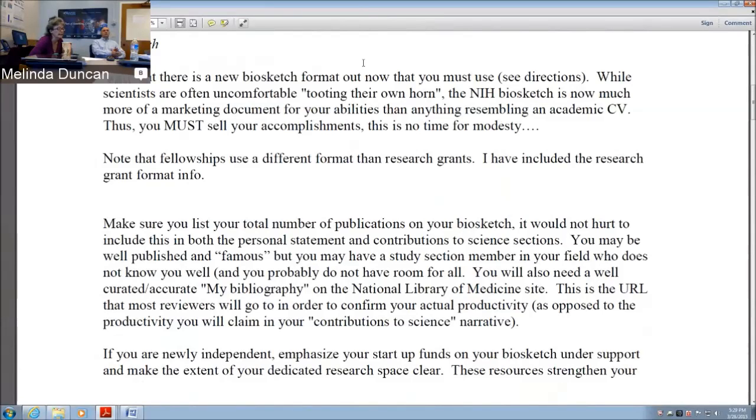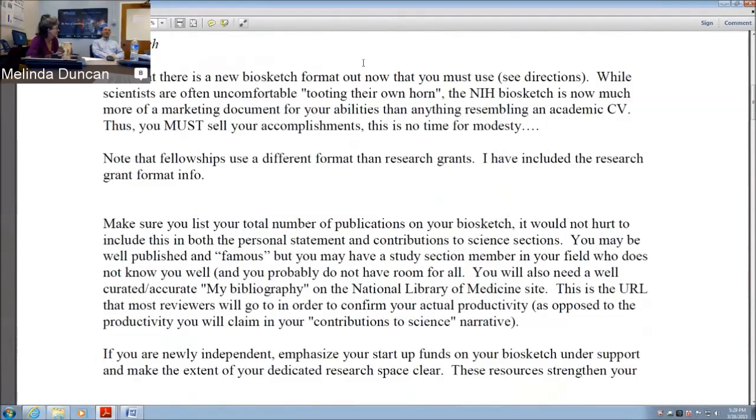If you're applying for fellowships, the Biosketch format is different than if you're applying for research grants. I did not look to see whether a K is considered a fellowship or a research grant for the Biosketch rules. I'm not sure, actually. I think it's considered like any of the others. Okay, so you had to do the new Biosketch format? I actually didn't.